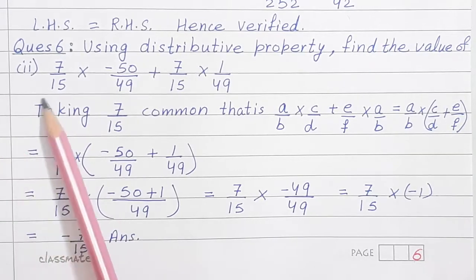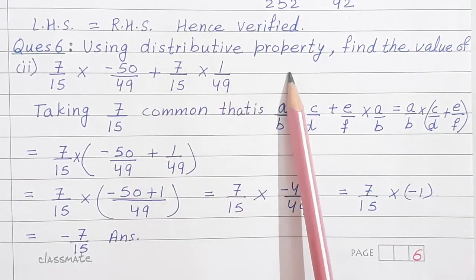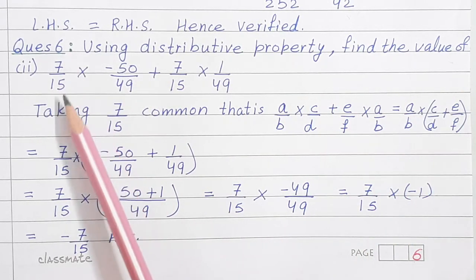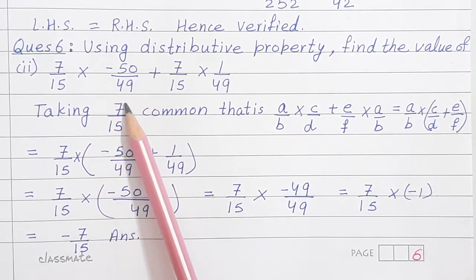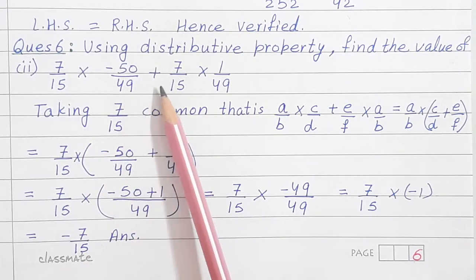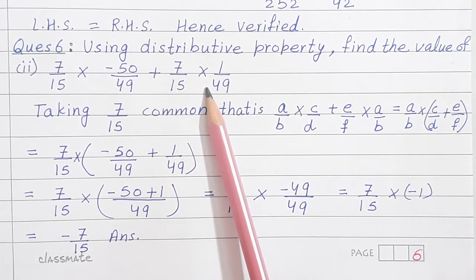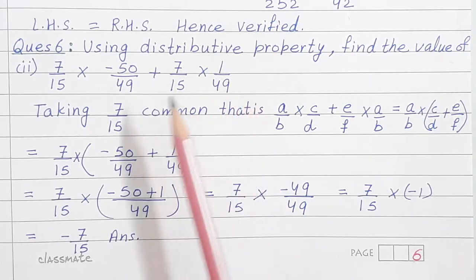Now the next question number 6 is using distributive property, find the value of 7 upon 15 multiply by minus 50 upon 49 plus 7 upon 15 multiply by 1 upon 49.